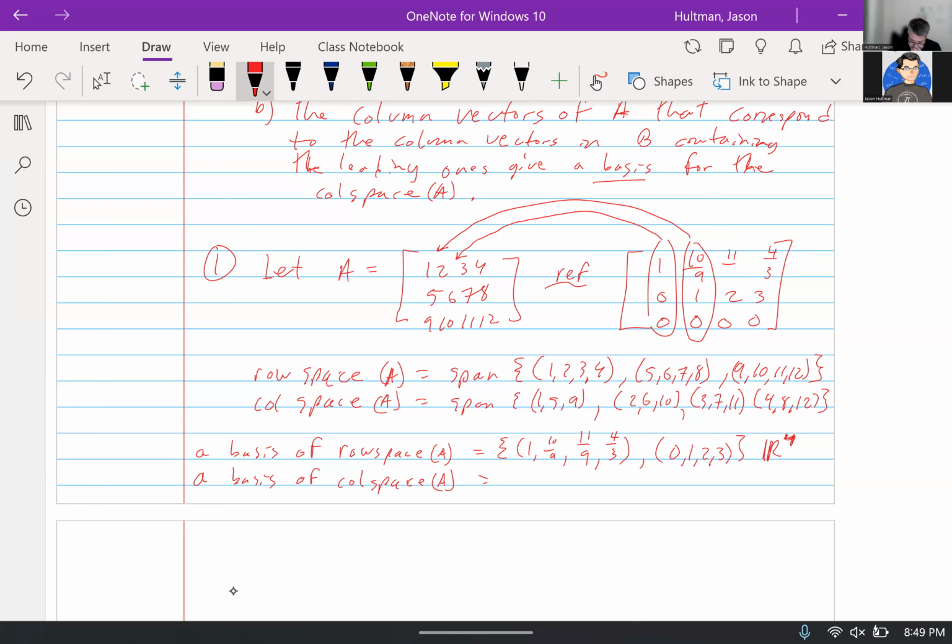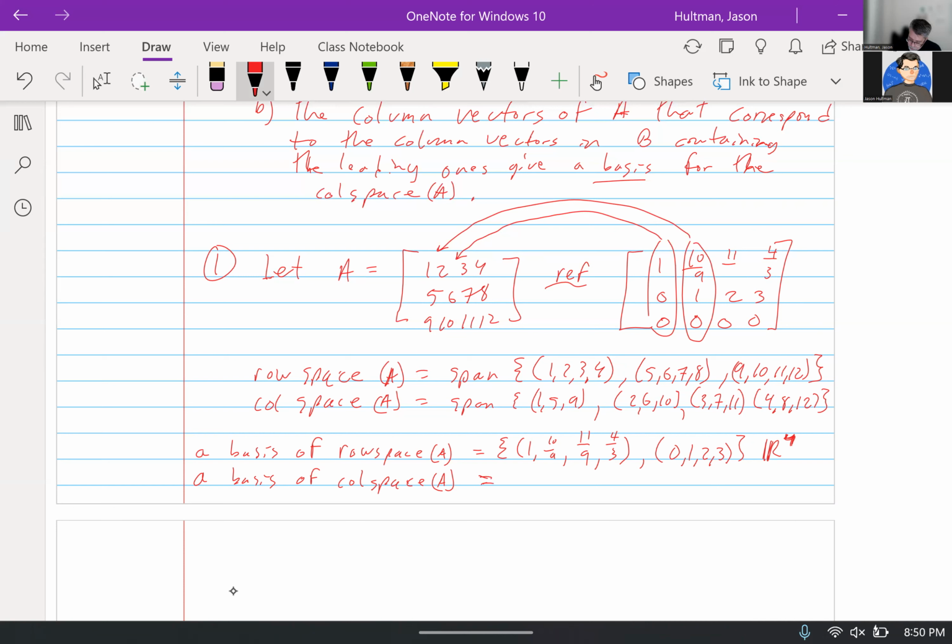So for the row space I use the row echelon form, but for the column space, I actually use the original. But I only choose the columns that have leading ones.